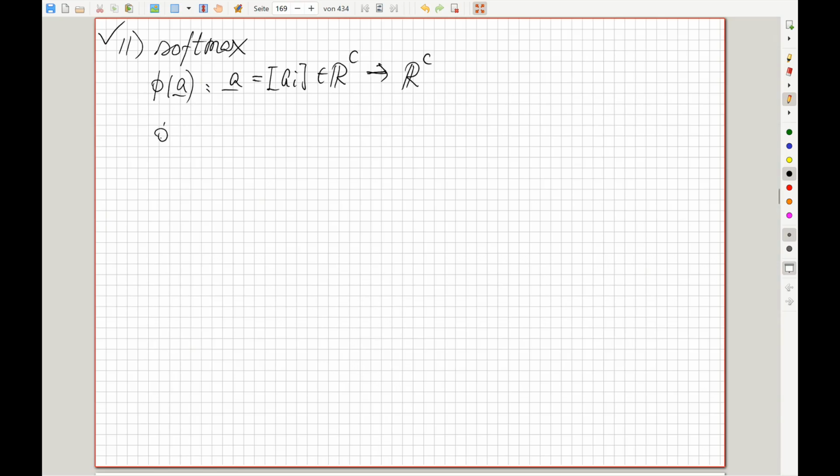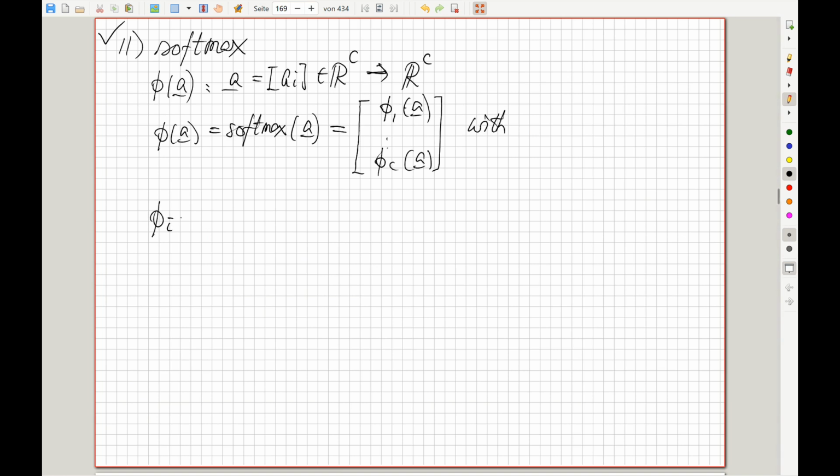And what's the definition? Phi of A, and many times you even see the name softmax of A. It contains C outputs, and there are C different activation functions, Phi1, Phi2, Phi3, and so on, the different elements that define the vector Phi of A. So the ith output of the softmax activation function is defined to be the exponential function of the ith element of the input vector A, normalized by a constant.